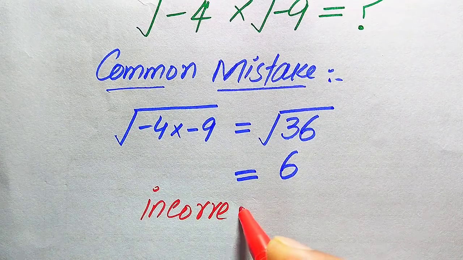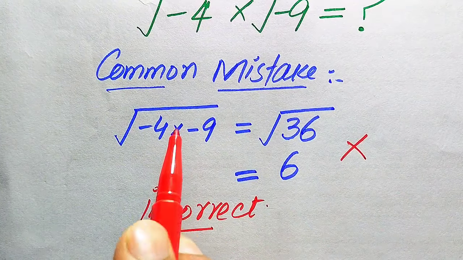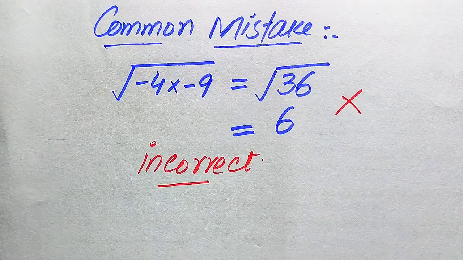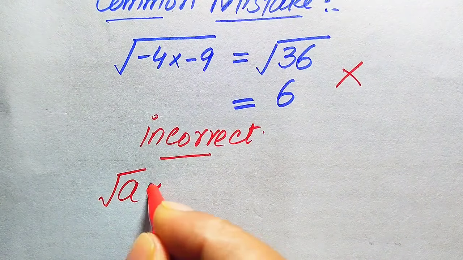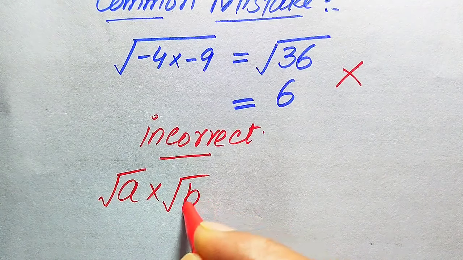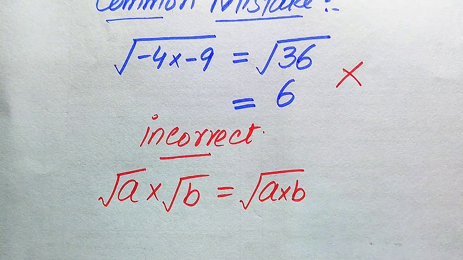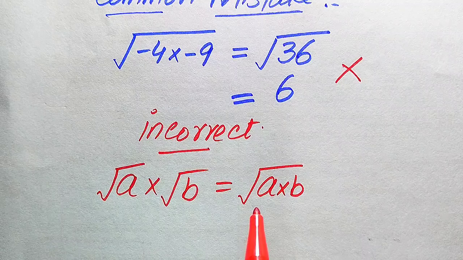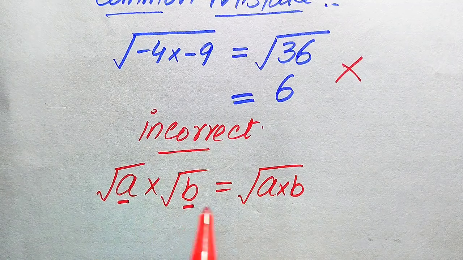Because here we apply the radical rule. You know that if we have the square root of a multiplied by the square root of b, then we write it as the square root of a multiplied by b. We can apply this rule only if we have some conditions on a and b.